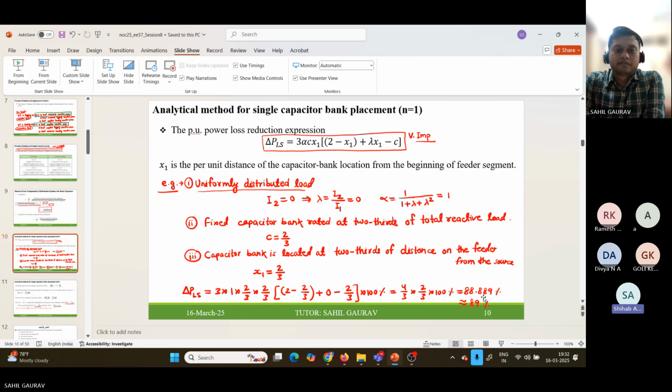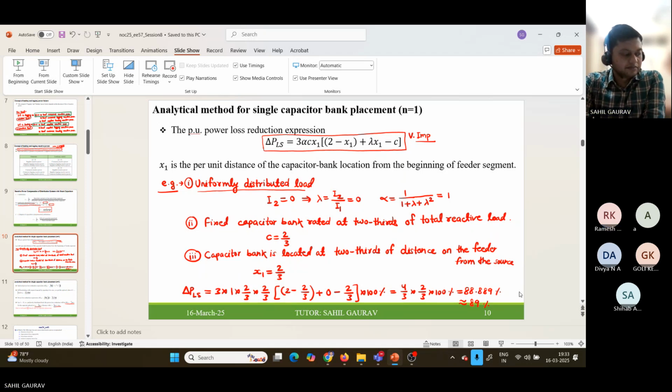Voltage drop will vary. Then what I am asking is whether the power loss reduction will increase or decrease from 89%. Only two options: increase or decrease. Yes, it will be decreased.